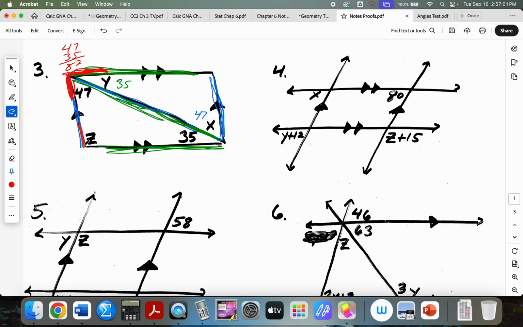Notice z is right here. What kind of angles are this whole angle that is 82 and angle z? Same side interiors. So I do 180 minus 82, which is 98.